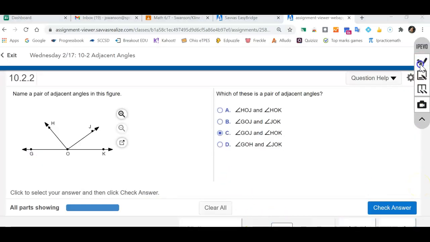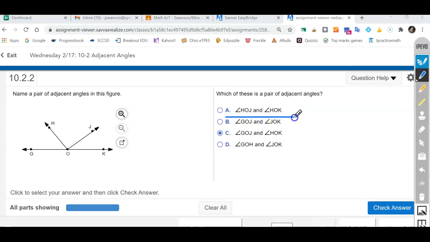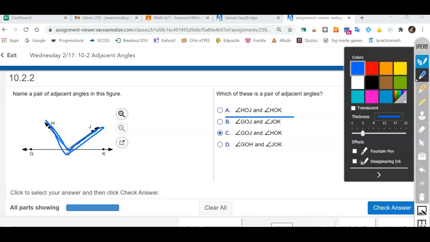Okay, look at this. We've got to figure out which ones are adjacent. So we have to go through all of these. HOJ, I'm going to highlight this. HOJ, they're saying it is adjacent to HOK.